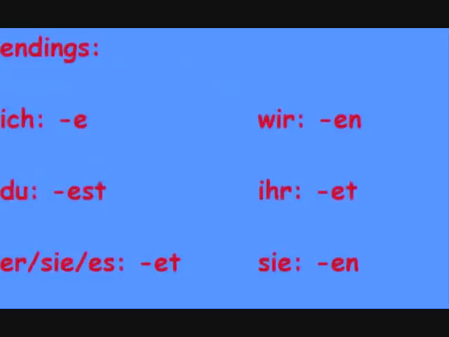The endings of those verbs are: for ich, -e; for du, -est, because in German we wouldn't be able to pronounce the -dst. Then for er/sie/es it's -et, for wir it's -en, for ihr it's -et, and for sie it's -en.